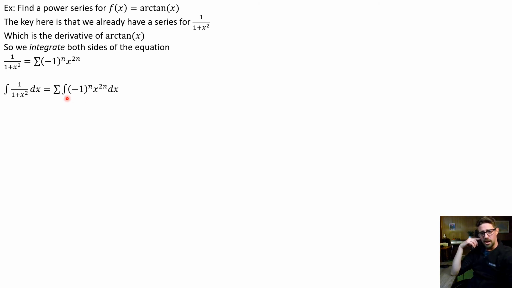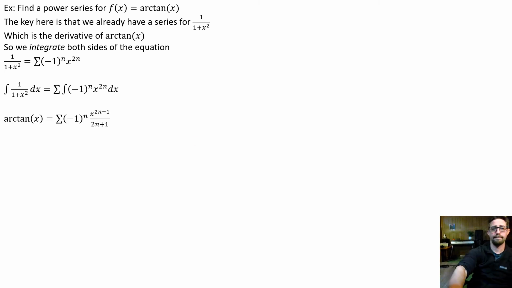When you integrate this, it doesn't matter if you put the integral inside or outside of the sigma. Looks like a lot of Greek though, doesn't it? Negative 1 to the n is just a constant that comes along for the ride. To integrate x to the 2n, you just add 1 to the power and then divide by that same quantity. That's what you would see if you just started to integrate some of the terms.